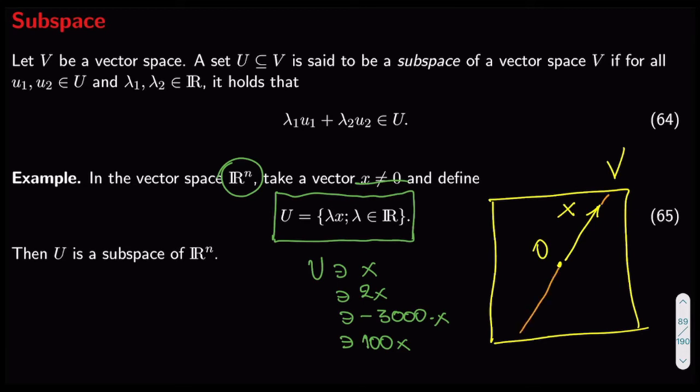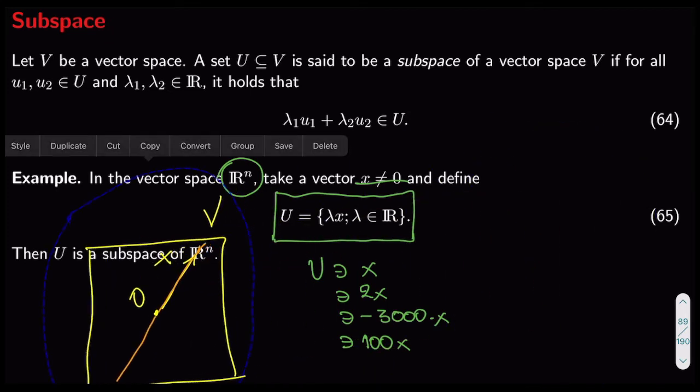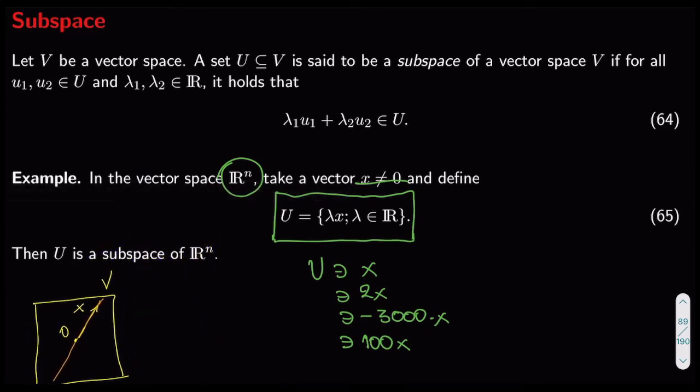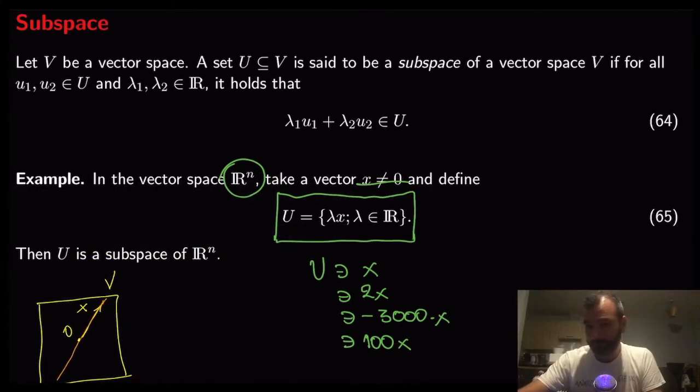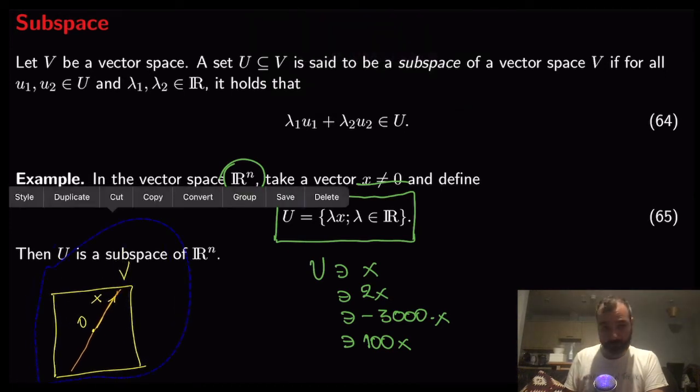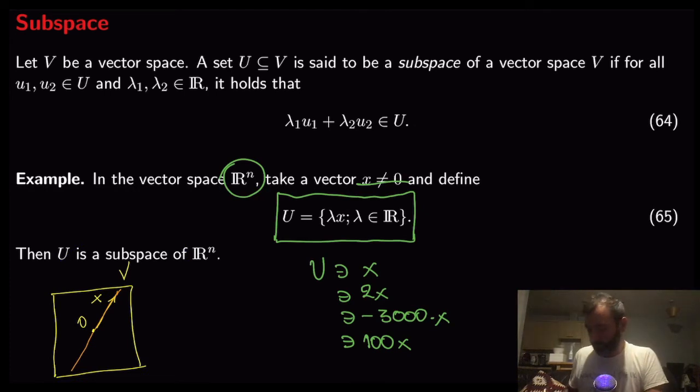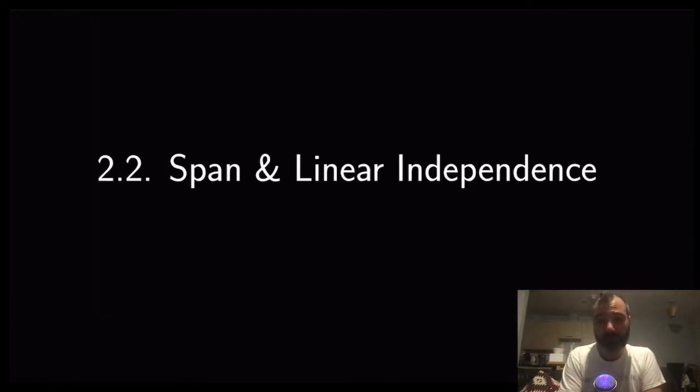It is the line that supports, as we say, my vector x. I'll move this here. There, you can see it there. So this is an example of a vector space.